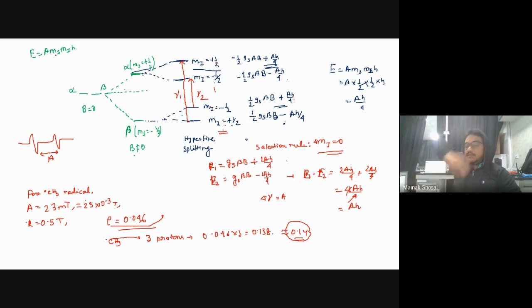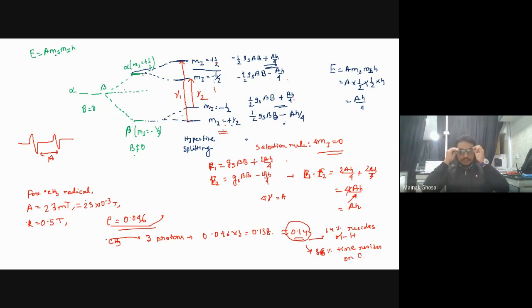If the total rho is 1, you can see that 14% of the electron density of this unpaired electron resides on the hydrogens, and the remaining 86% of the time it resides on carbon.